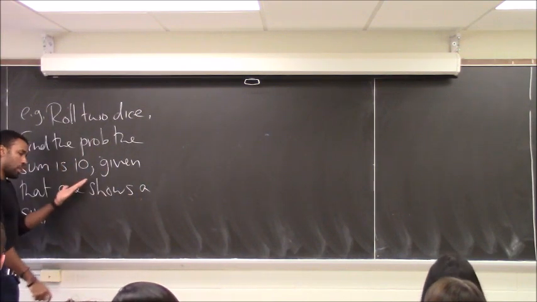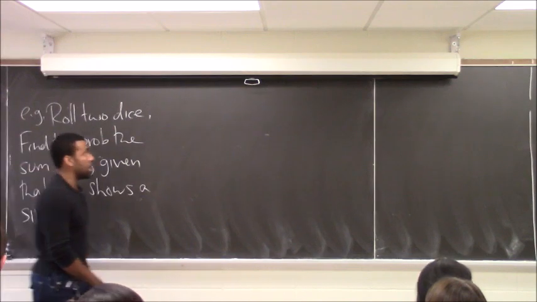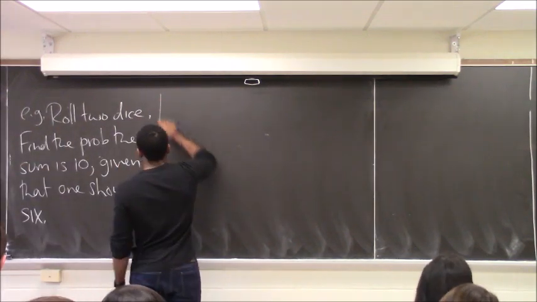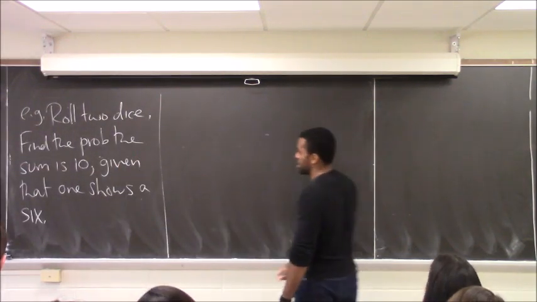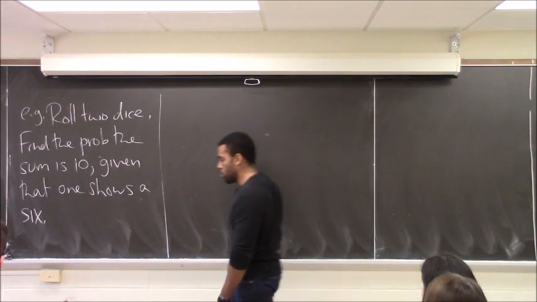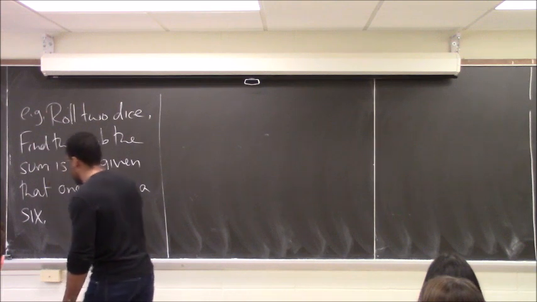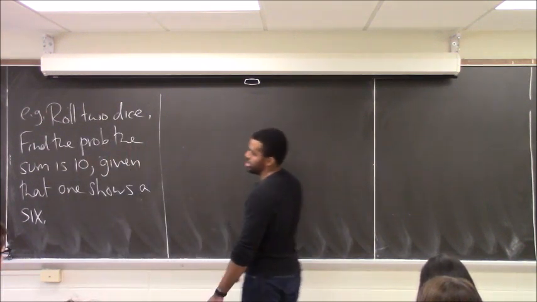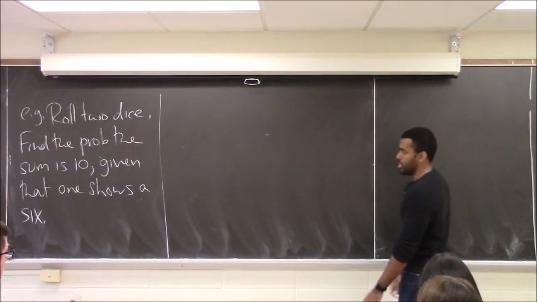Right? So we already know how to find the probability that the sum is 10. We did that by the table as well as using counting techniques. But now we're given new information. So now we want to find that the sum is 10 under the condition that we already know one of them is showing a 6.